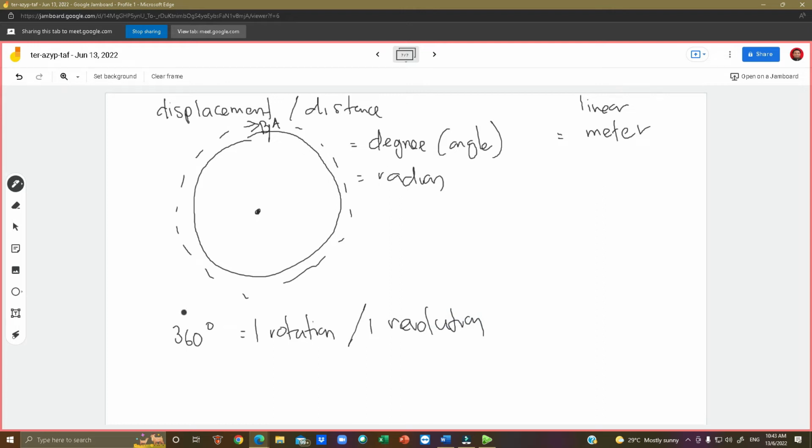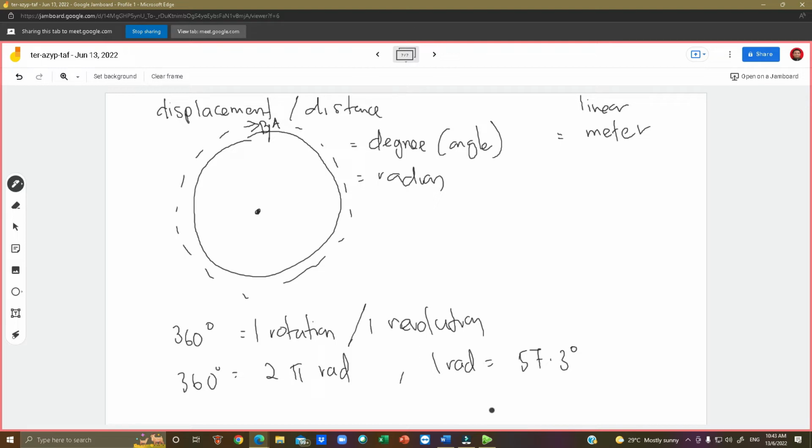So 360 degree can also be described in terms of 2 pi radian. Ini semua benda ni sama. Okay, where 1 radian equals to 57.3 degree. Okay, ini asas.